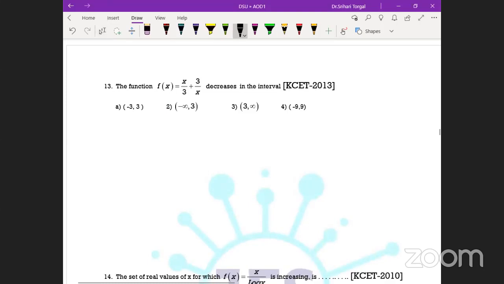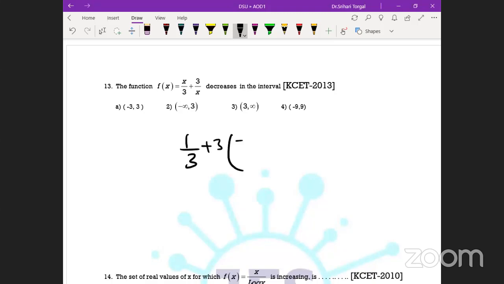Okay, right. So the function x by 3 plus 3 by x decreases in the interval. I told you already, here we have a variable x and also 1 by x. For decreasing, increasing, it is better to go for differentiation only. I'll complete it using differentiation. X by 3 differentiation is 1 by 3, plus 3 as it is.